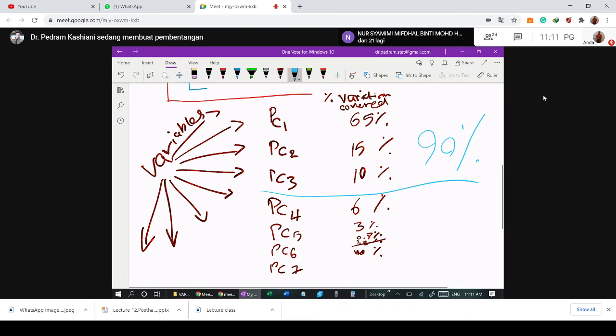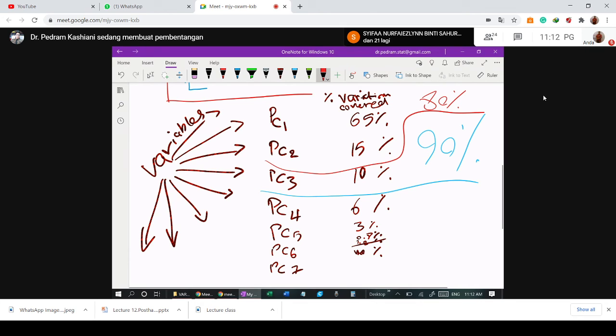So imagine I have a lot of variables. From all of these variables, I can get these 3 PCs, and these 3 PCs explain 90% of the variation in all these variables. Sometimes people even say, okay, 2 is enough. 2 give me 80%.